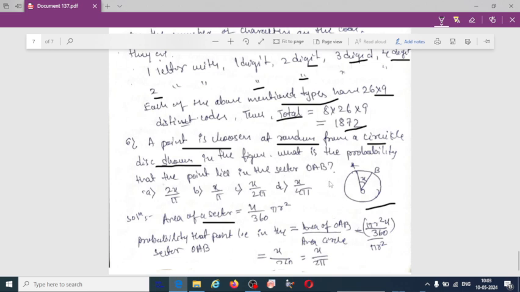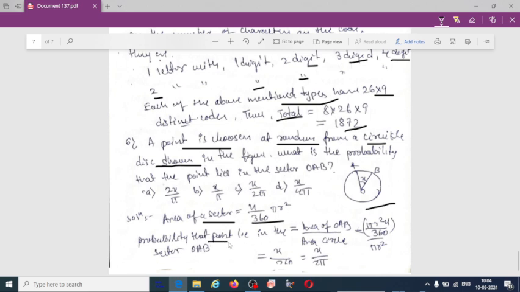The area of the sector AOB is given by, so the circumference of the circle is what? 2 pi r, that is 360 degrees. So the area of the sector is given by x divided by 360 into pi r square, where x is the angle. Area means pi r square. Volume means pi r cube.